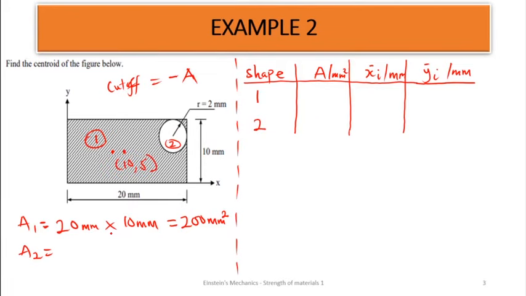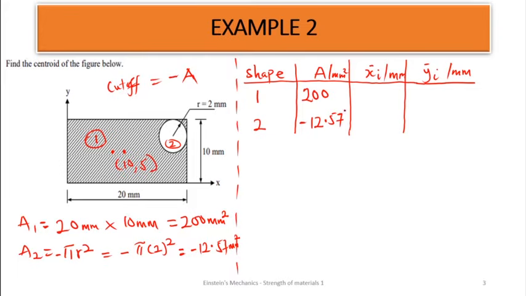So the area is going to be, this is a circle, pi r square, so negative, where we have our r to be 2. So that is going to be negative pi 2 square, and the area is negative 12.57 millimeter square. So I have my area for 1, I can fill it 200, and I have this as negative 12.57.